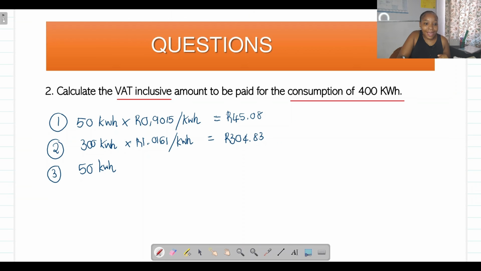Guys, this part here is very, very important. This is where most learners probably get it wrong. So we just take the 50 kilowatt hours and multiply it by the tariff that is charged in that block, which is 1.3594 per kilowatt hour.